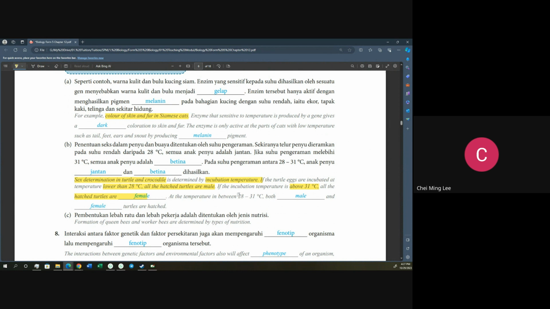At temperatures between 28 and 31 degrees, both male and female can hatch. And also, the formation of queen bees and worker bees is determined by the type of diet.